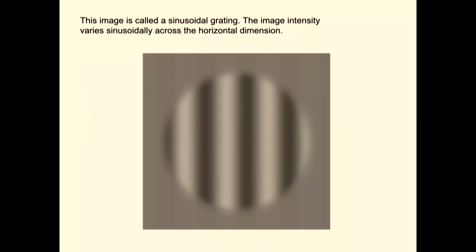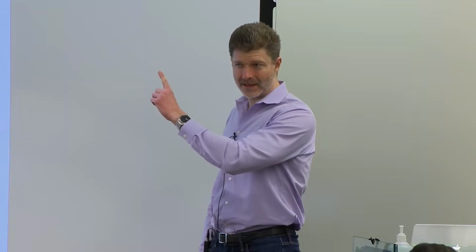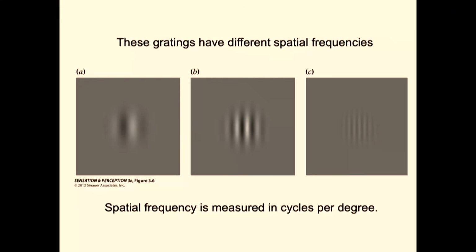Here's one sine wave grating. These are gratings that have different spatial frequencies, so you can see that the rate at which the intensity varies across space is different in the three cases. Spatial frequency is typically measured in cycles per degree. This would be a low spatial frequency grating, and this would be a higher spatial frequency grating.